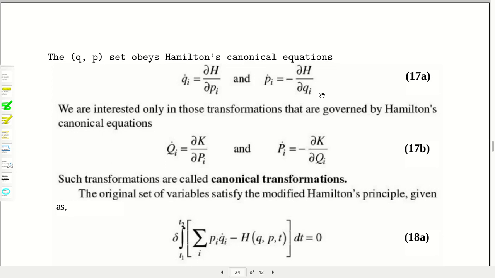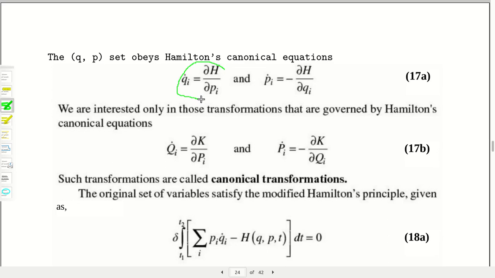If we transform the space from the old coordinates small p and small q to the new coordinates capital P and capital Q such that they also satisfy the Hamiltonian canonical equations of motion, but the Hamiltonian may be changed, say K here, but the equation types are similar.